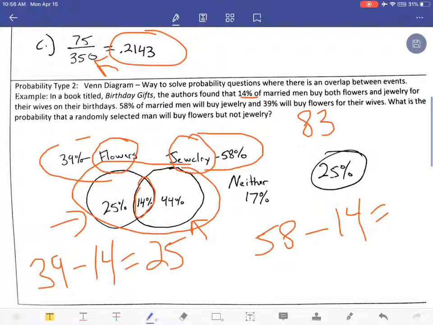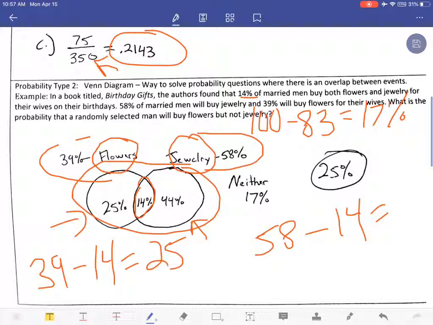So 83% bought at least one of those two different items. Then to get the percentage that bought neither of those, we subtract it from 100, which gives us the 17%. So I'm going to put that on the outside part of the Venn diagram. So 17% of men bought none of those for their wives on their birthday.